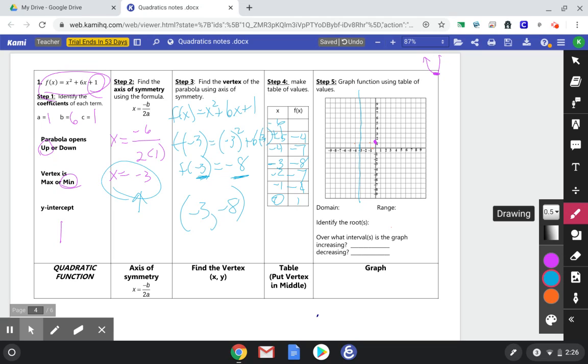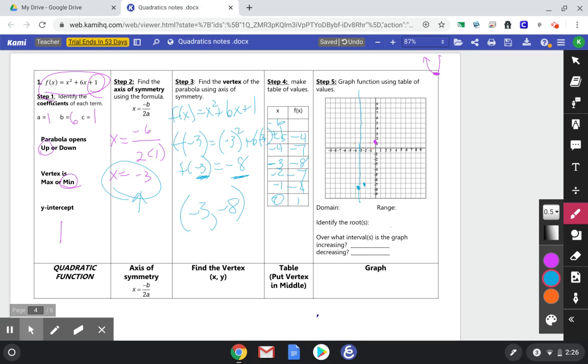All right, so now I'm going to plot those points. So I have -3, -8, and that's my vertex. I have -2, -7.